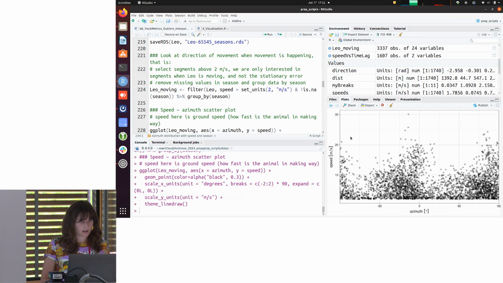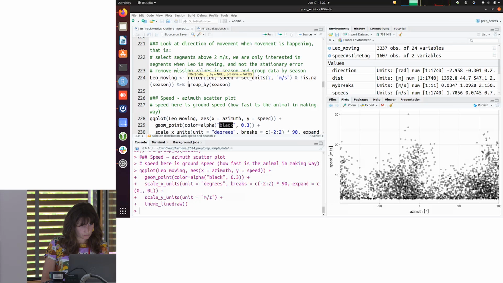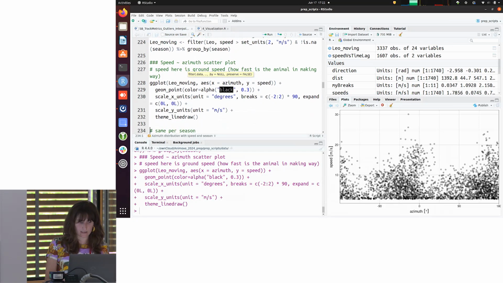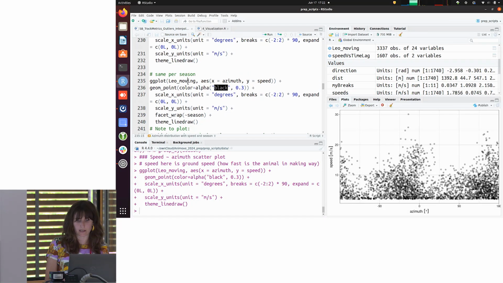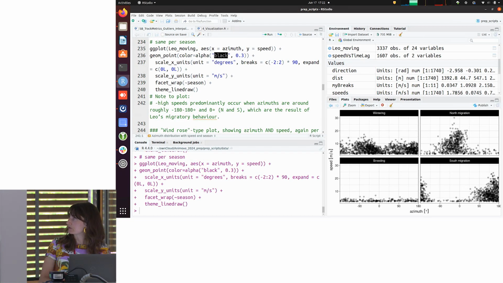But then here, to have it even clearer, we are going to do the same plot, but we're going to plot it separately for every season. So we can see here that north migration is about 0, more or less.